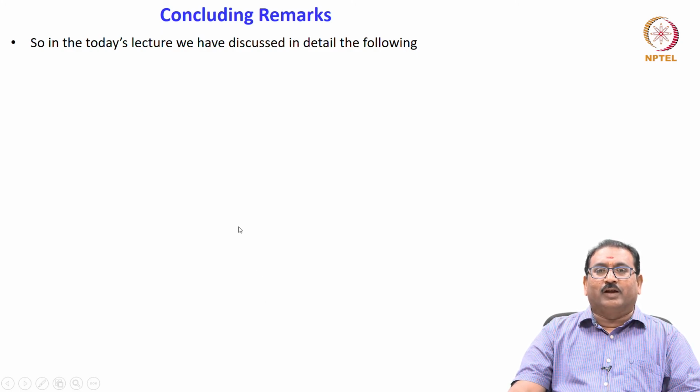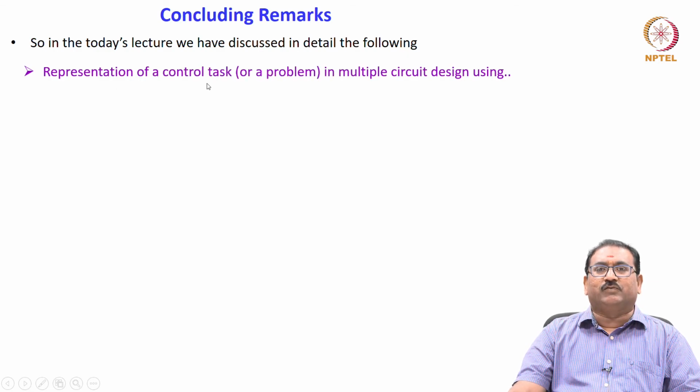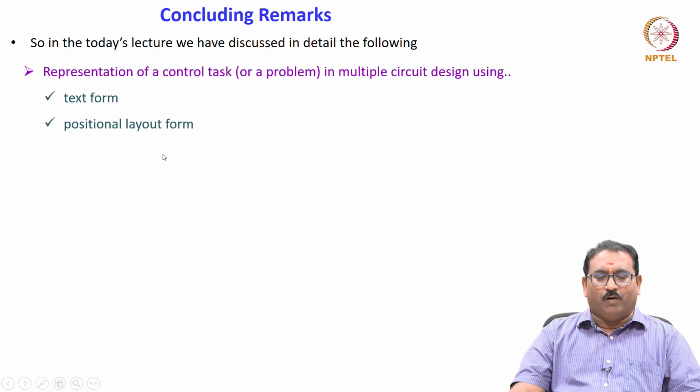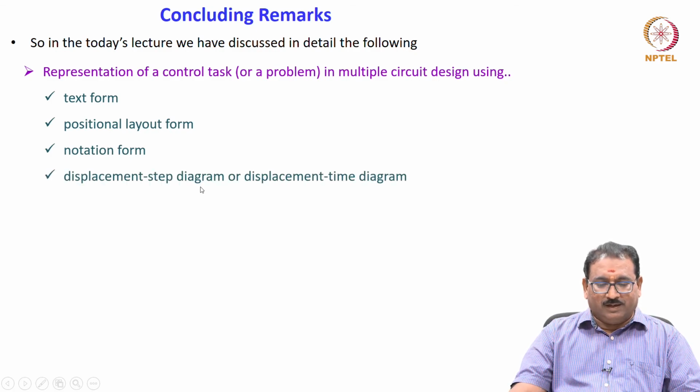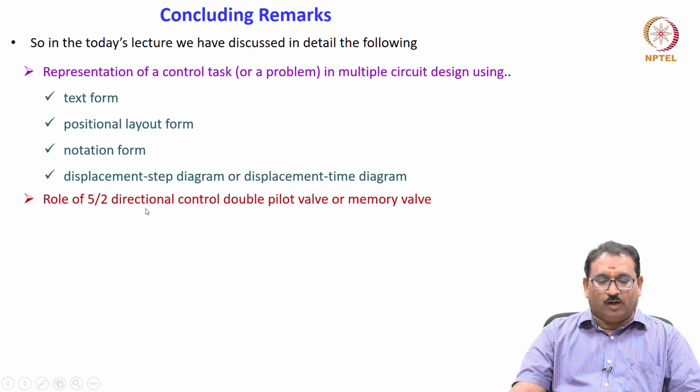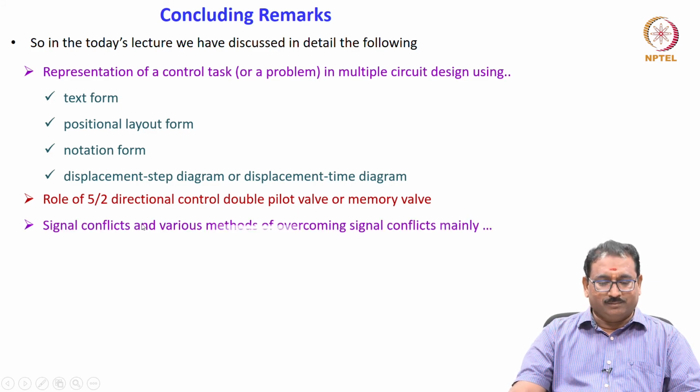So, we will conclude today's lecture. In today's lecture, we have discussed in detail the following: representation of the control task in a multiple circuit using text form, positional layout form, notation form, displacement step diagram or displacement time diagram, the role of the 5/2 directional control double pilot valve, also known as a memory valve, signal conflicts and various methods of overcoming them.